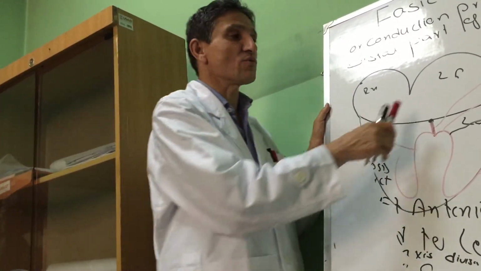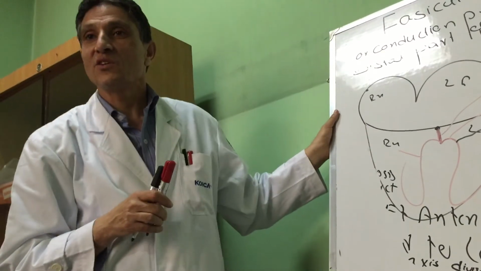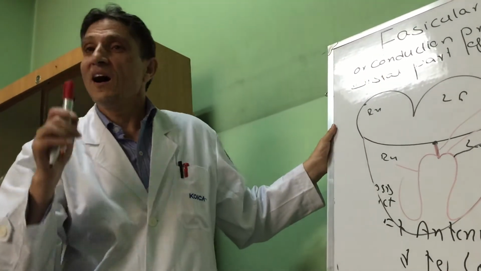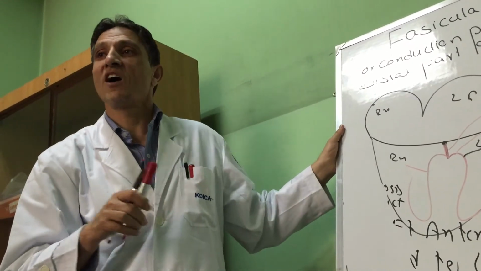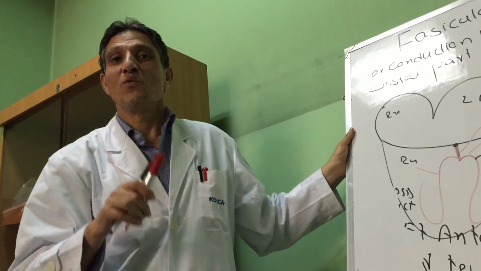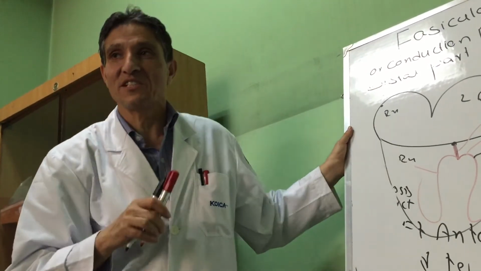Now, this was about the anterior fascicular block. Again, I am repeating: anterior fascicular block is called left anterior hemiblock, which leads to left axis deviation.